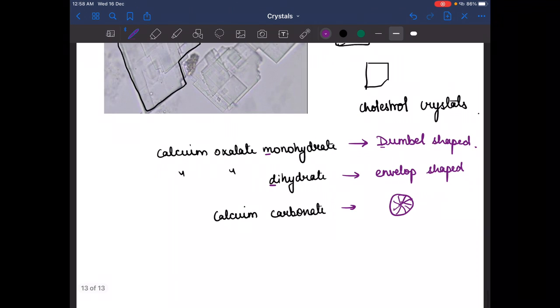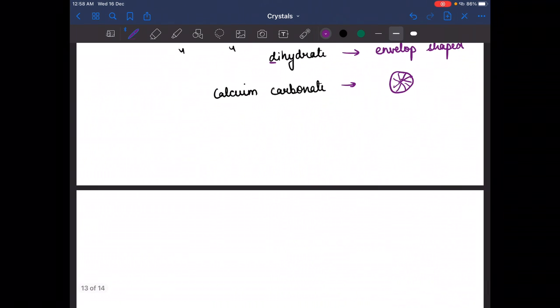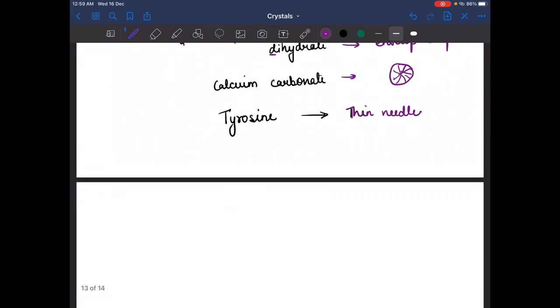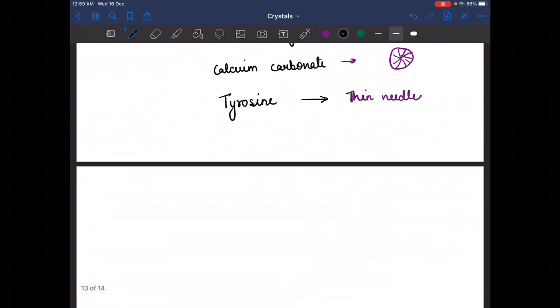Next, we have thin needle like. So I already told you that those were tyrosine crystals, which were thin needle like. And next, we already learned about apple thorn crystals.